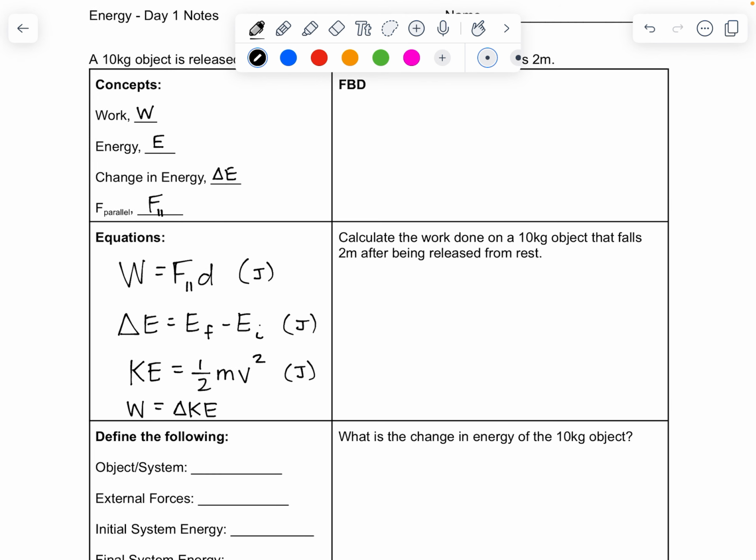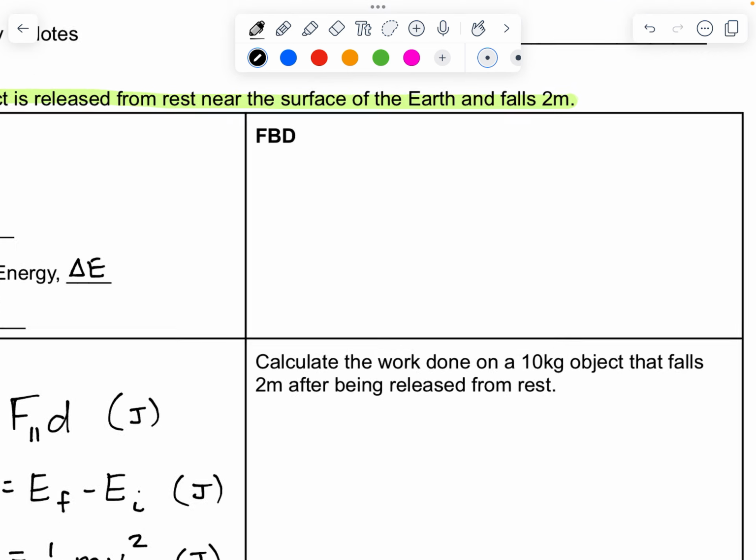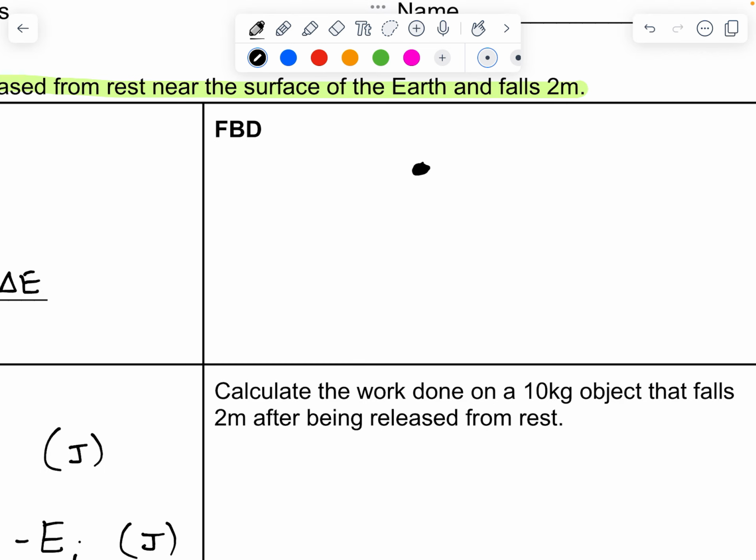Okay, so let's take a look at this situation. It says a 10 kilogram object is released from rest near the surface of the earth and falls 2 meters. Well, if it's released from rest, then it's falling through the air, and the only force on it would be the force of gravity. And that drawing, that free body diagram, would not change as it falls. The force of gravity doesn't change near the surface of the earth.